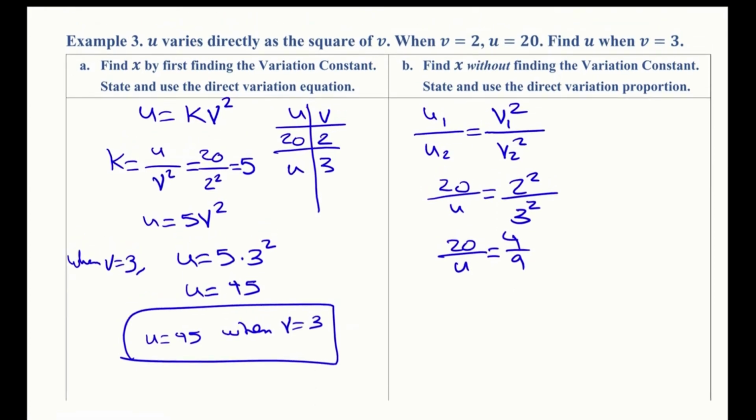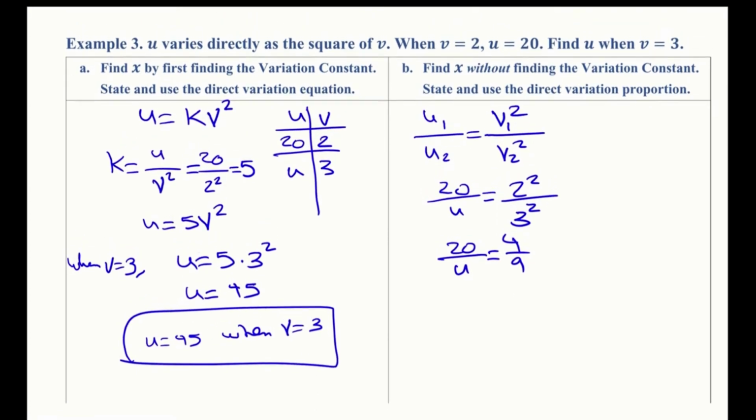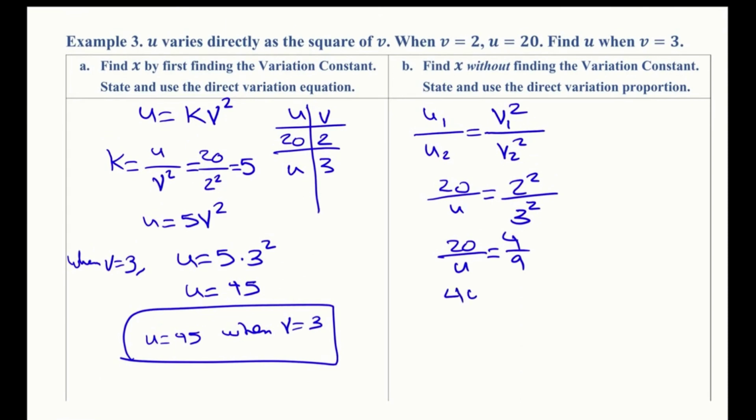So we get 4u equals 9 times 20. Now we divide both sides by 4. So of course the 4's cancel out here. So we get u equals, do you notice when I do the cross products, I don't multiply it out? Have you been paying attention to that?